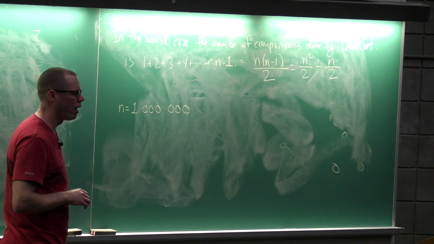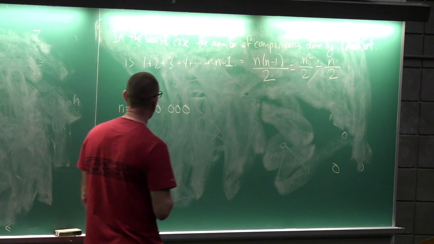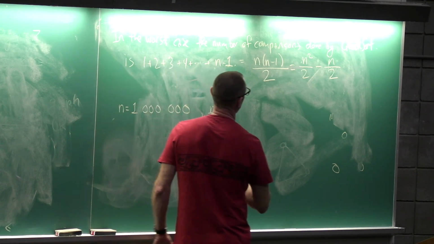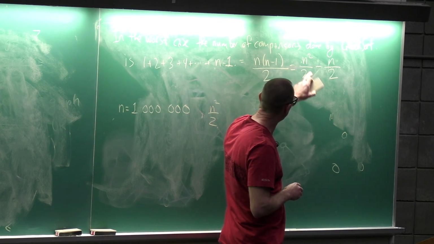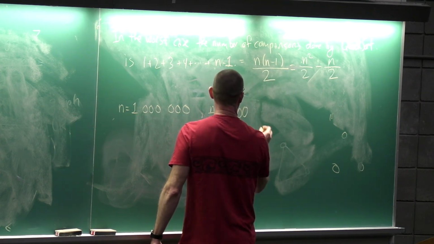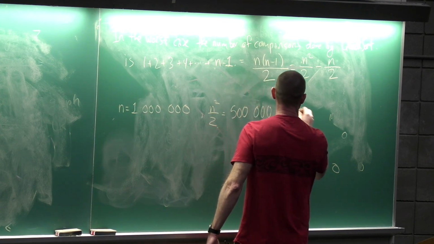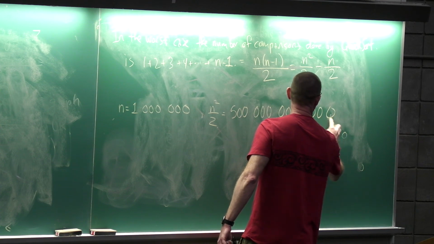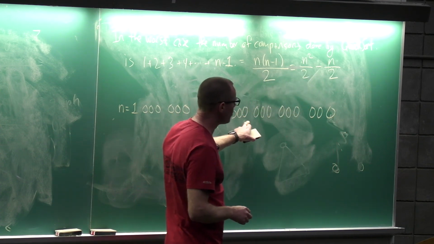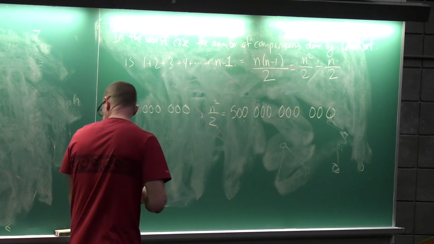That's not a lot of data. Well, if n is 1,000,000, then this n squared over 2, which is really the big part of this, is 500 with 9 zeros after it, so 500 billion.